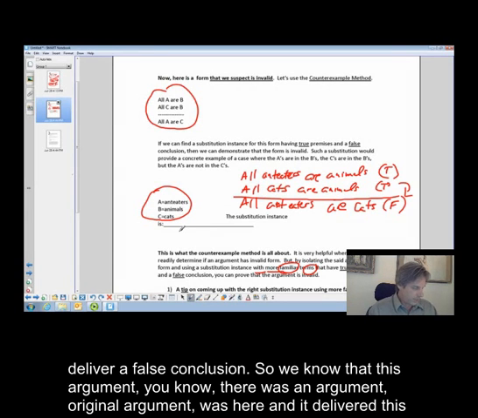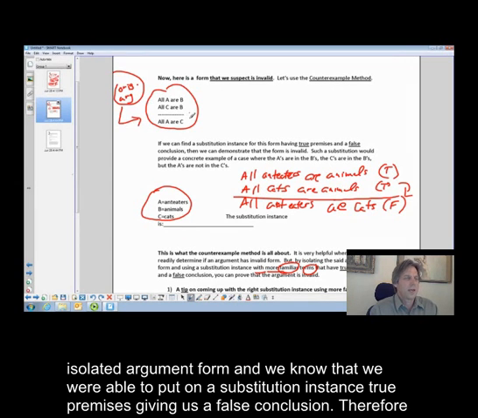So we know that this argument, there was an original argument here. Okay? And it delivered this isolated argument form, and we were able to put on a substitution instance, true premises, giving us a real false conclusion.